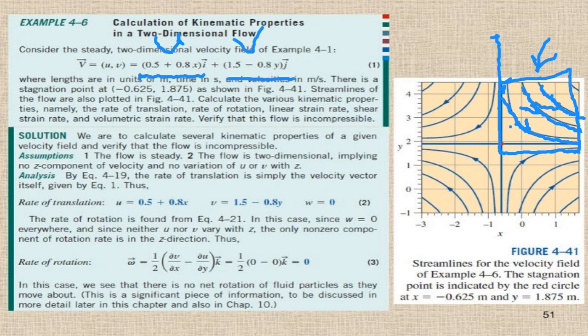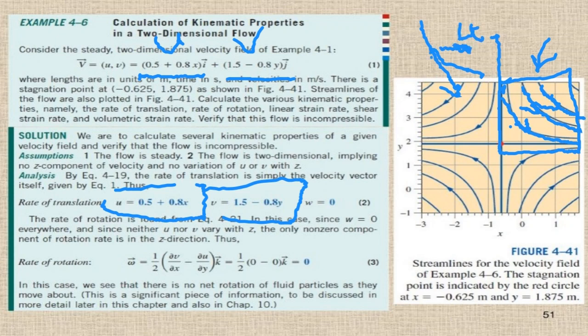We would like to find out whether this flow is rotational or not. Rotational means the fluid particles are rotating, or they're just moving without rotating. They are surely translating because they have velocity. We know it from the u and v velocities. As it moves along the path, we know that it has a u velocity and v velocity.